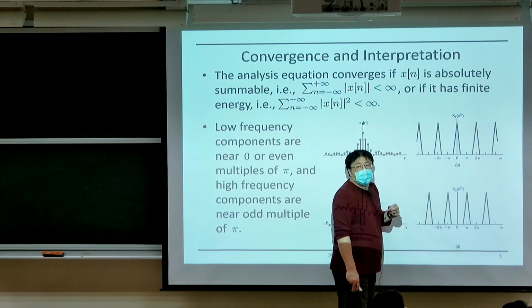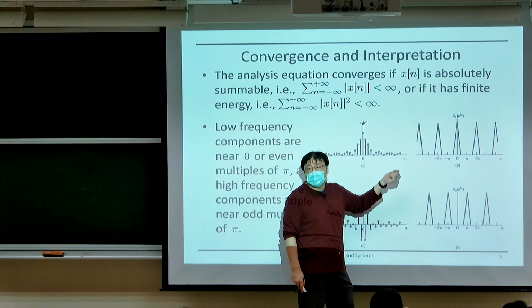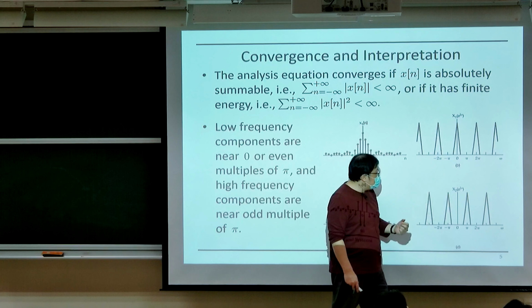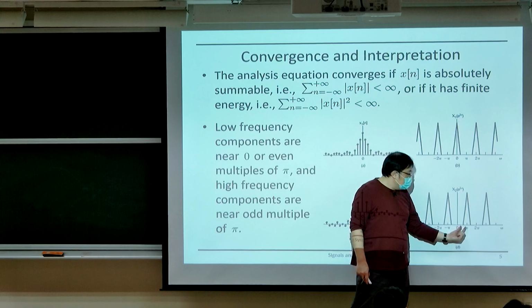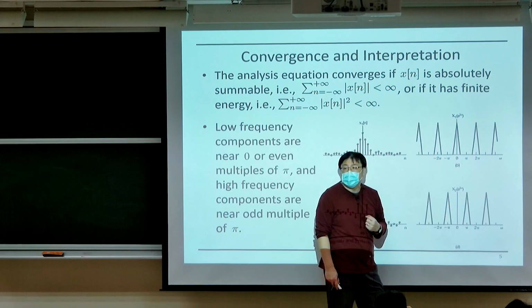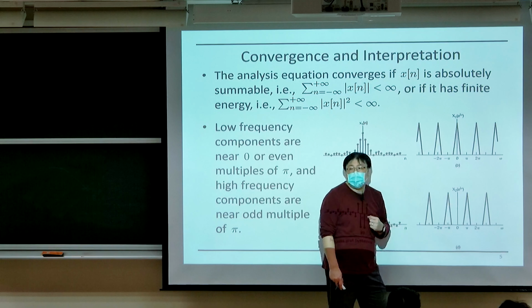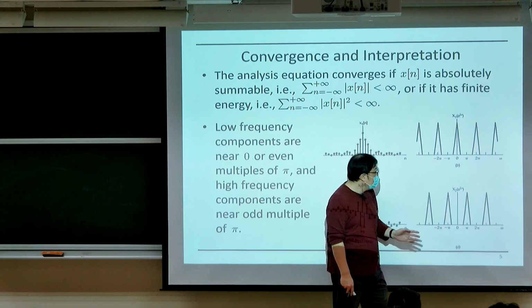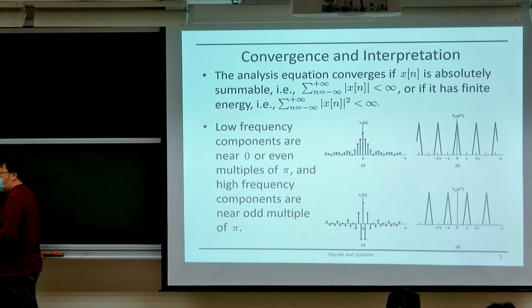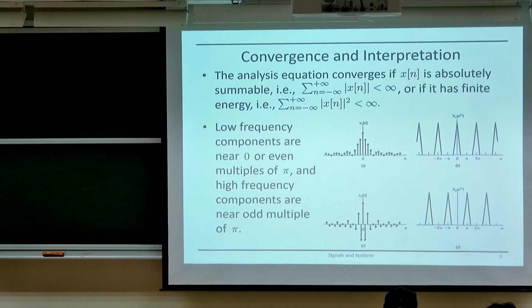Then what do you refer to as a high frequency signal? Instead, if you have a signal whose spectrum is concentrated around pi or minus pi, then you say that this is a high frequency signal. Because for this discrete time, we're only concerned with the spectrum over a 2 pi range, typically going from minus pi to pi.